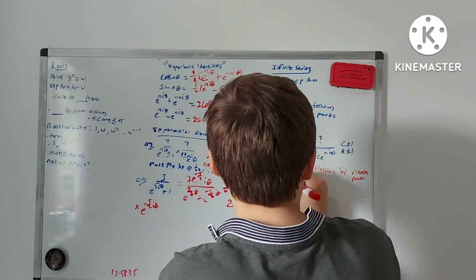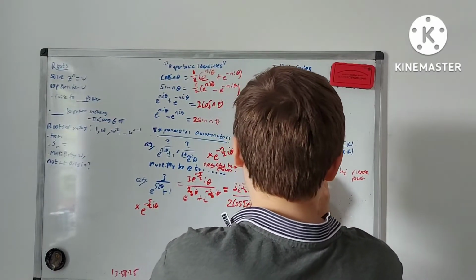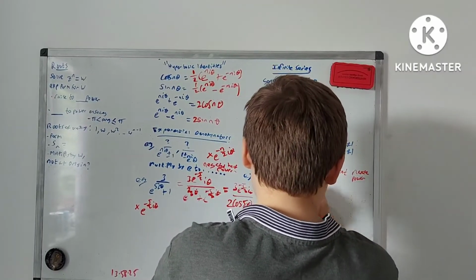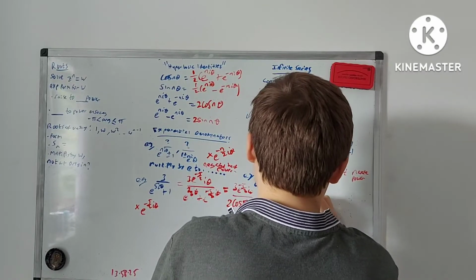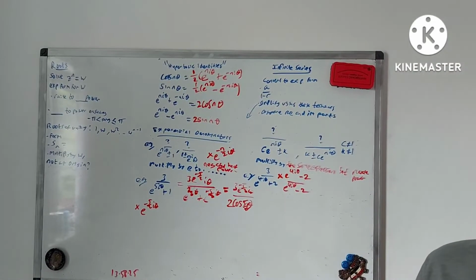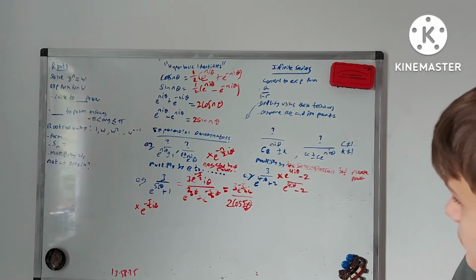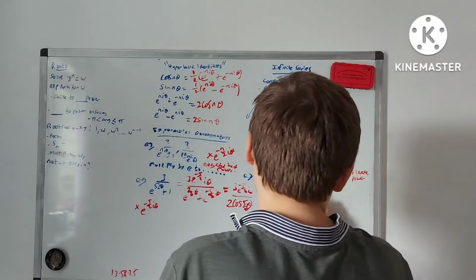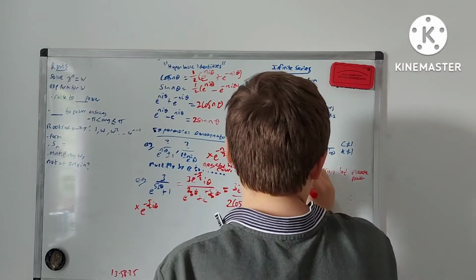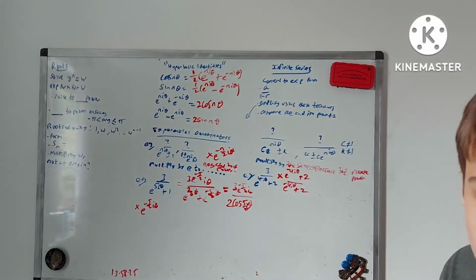So here I will multiply by e to the 4i theta minus 2 over e to the 4i theta minus 2, and they will end up cancelling each other out, and we can just go ahead and simplify that as you would. You could bring the minus up there actually, in fact we'll do that. We'll bring the minus up into the powers, and then they will cancel each other out, nice and simple.